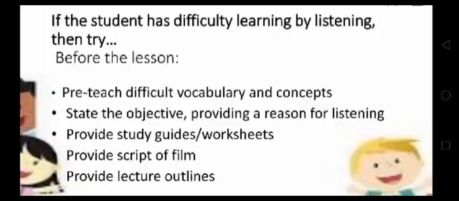If the student has difficulty learning by listening, then try the following. Before the lesson, pre-teach difficult vocabulary and concepts. State the objective, providing a reason for listening. Provide study guides or worksheets. Provide a script or film. Provide lecture outlines.